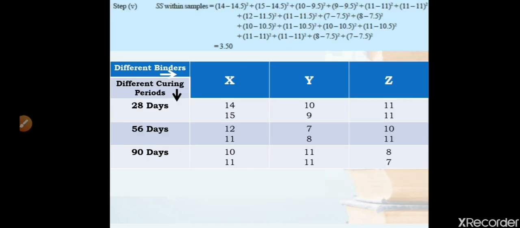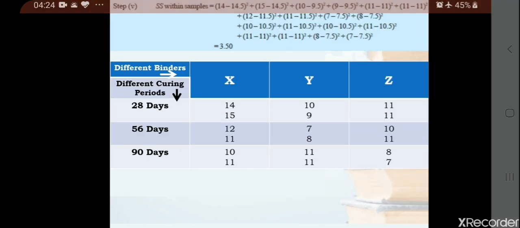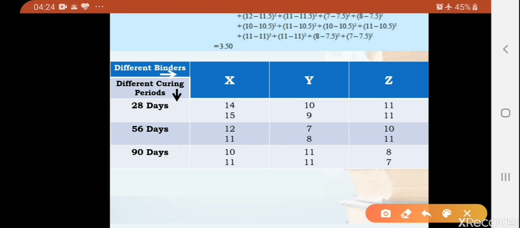Then is SS within samples. This is an extra step that we do here. This is one set, x and 28 days. So 2 measurements are there. If 3 were there, then we would take the mean of 3. With 2 measurements, we take the mean of these 2. Then we find the deviation of each, 14 minus 14.5 and 15 minus 14.5, and take the deviation square.